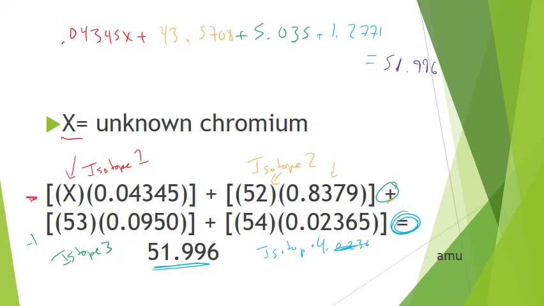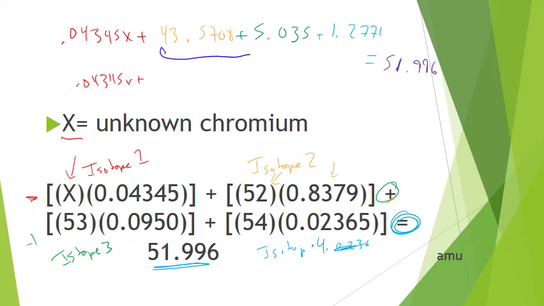And all of that is equal to 51.996. So now we simplify. We still have 0.04345x plus 43.5708 plus 0.035 plus 1.2771, all that together.